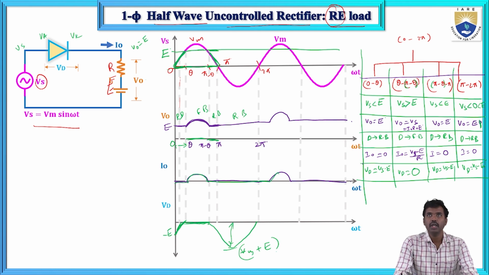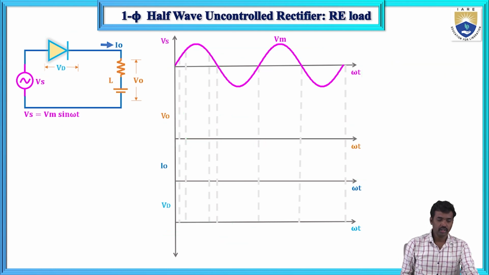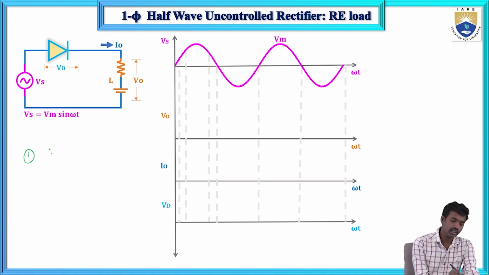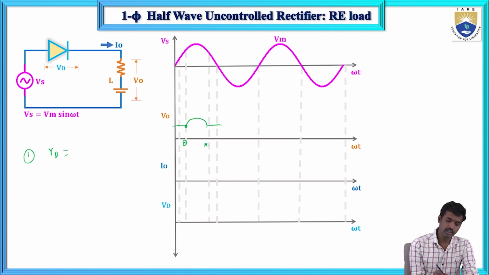So now what will be the output? First question is the conduction angle of the diode. Conduction angle of the diode means it is conducting in this range only: this is theta, this is pi minus theta, this is pi, and this is 0.